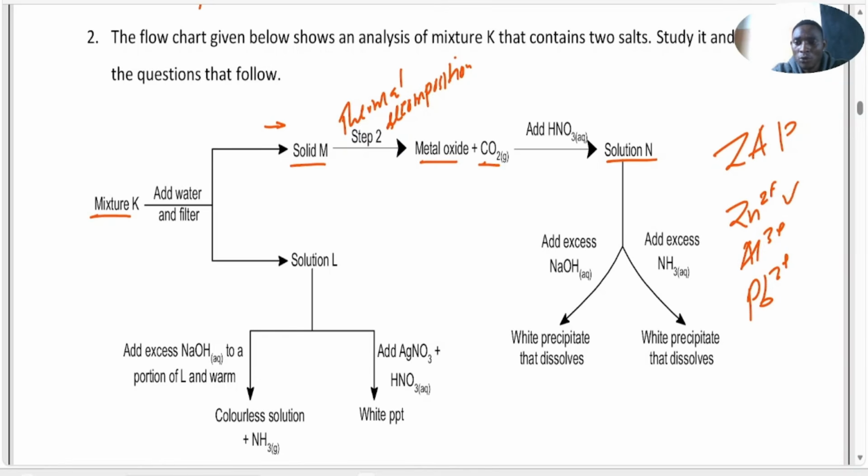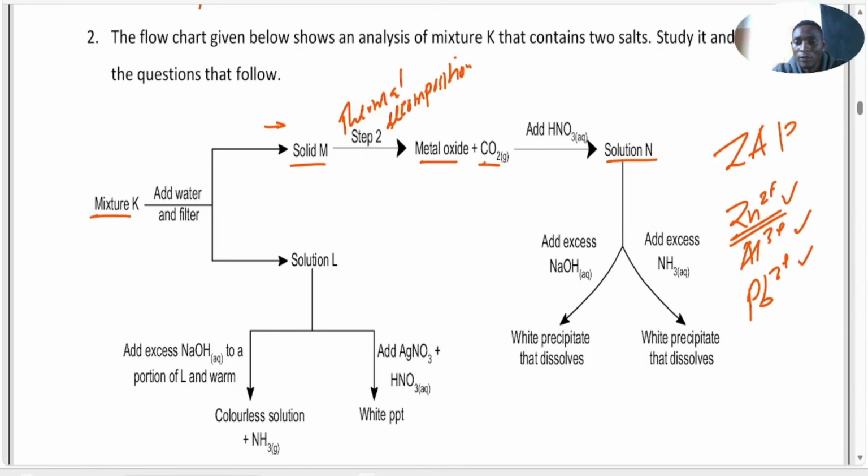So we are going to choose between the three. Which one could be this? Now, when I add excess ammonia, a white precipitate forms that dissolves, and we need to understand that anytime we have metal ions that dissolve both in excess sodium hydroxide and excess ammonia to form a colorless solution, it is always zinc.